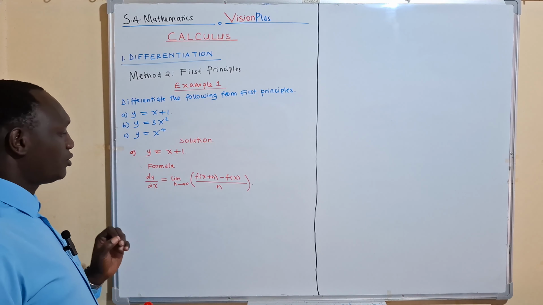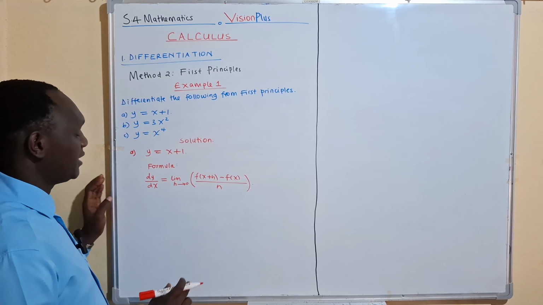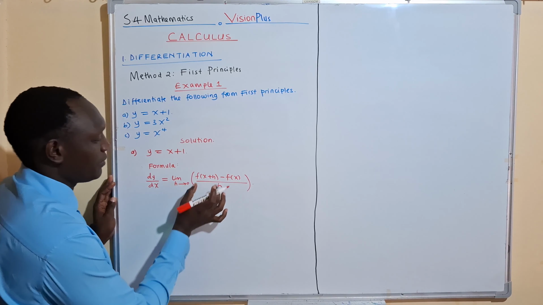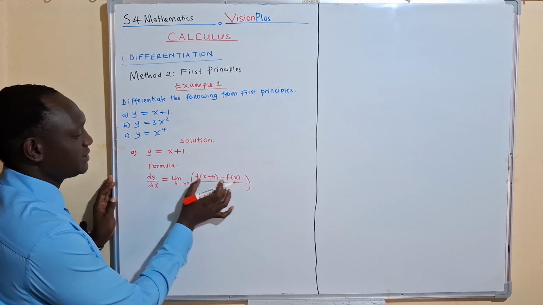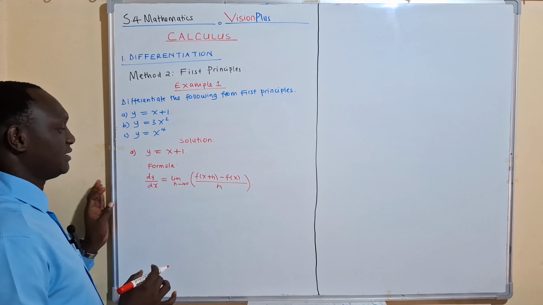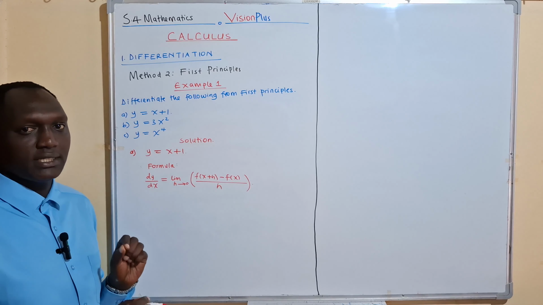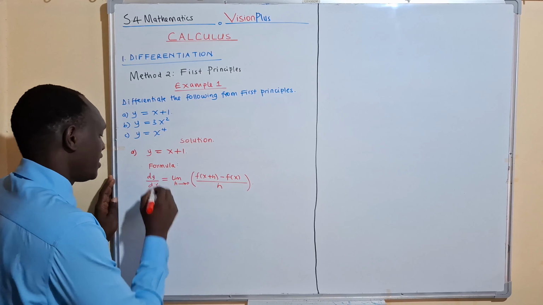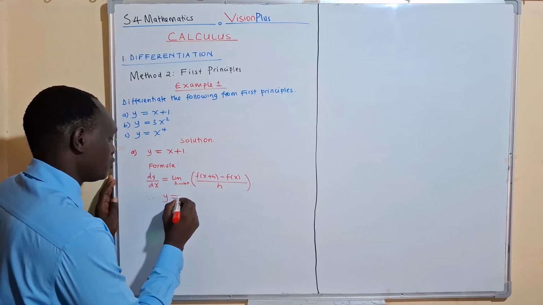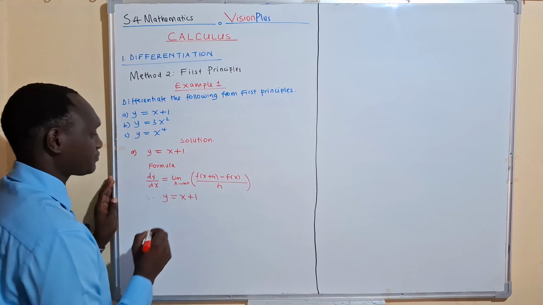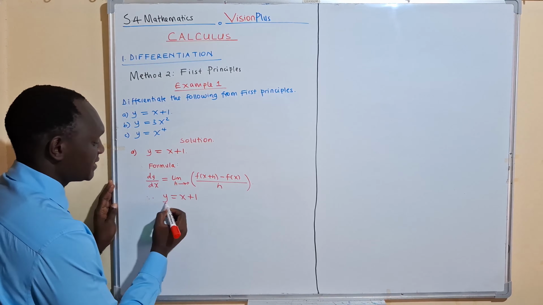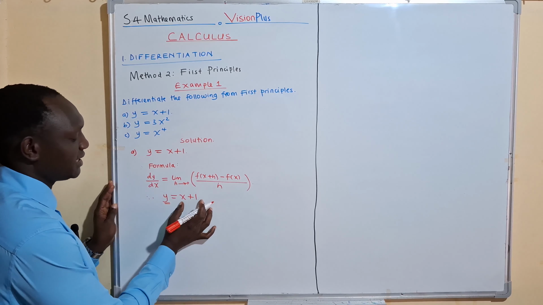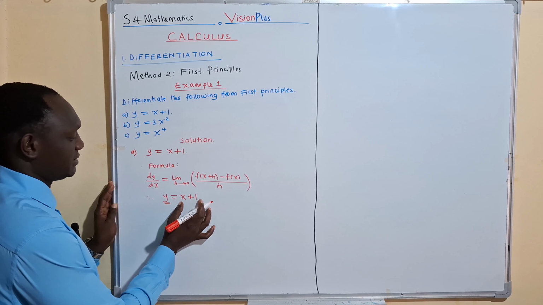Now, what do we do? We simply need to get these expressions. We need to get f of x plus h and f of x. Those are the simple expressions that we have to get. We have our function given as y equals x plus 1. This is the function y, which is defined in terms of x.